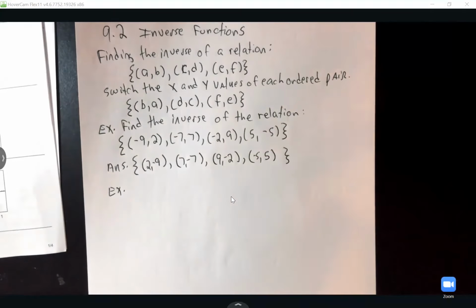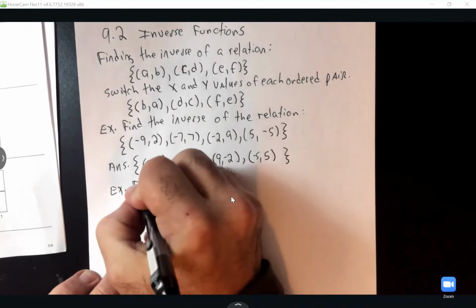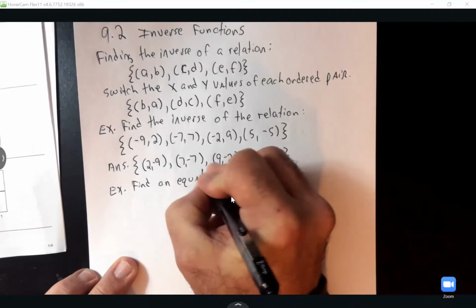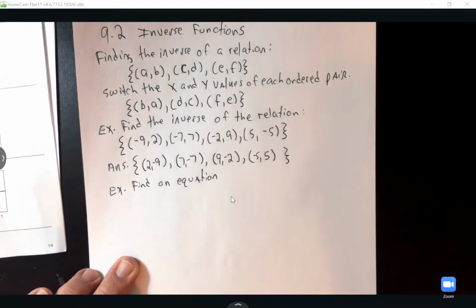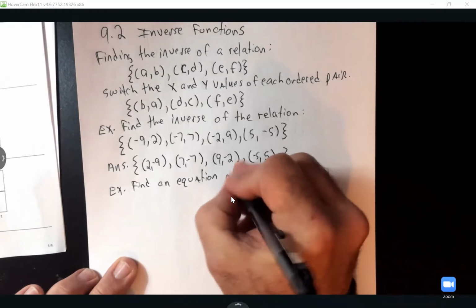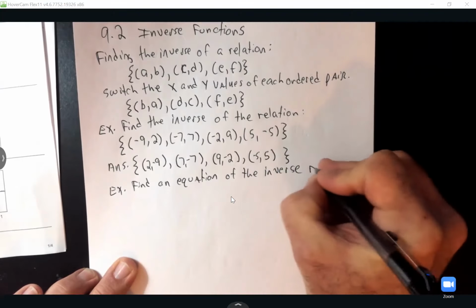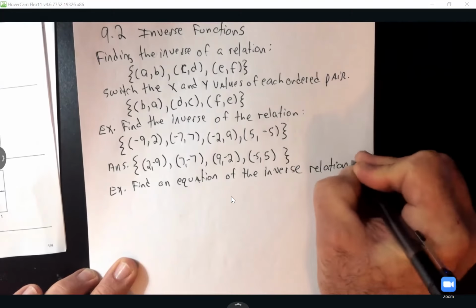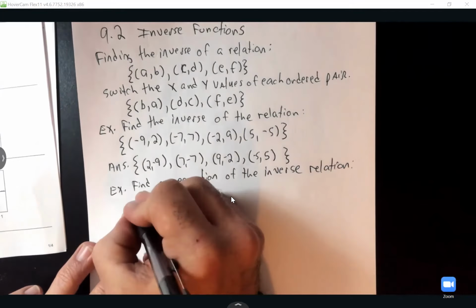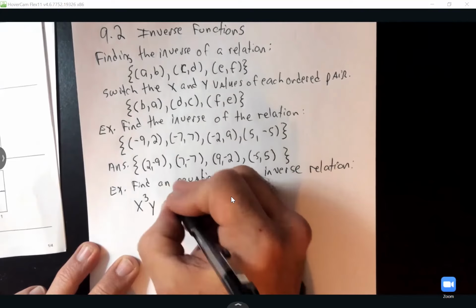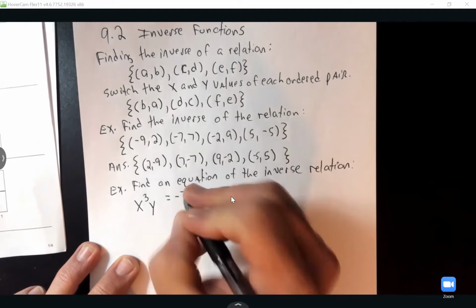All right, so thinking about what we just did, let's see what y'all do to this one. We're going to find an equation of the inverse relation. So they're giving us the equation x to the third times y equals -7.